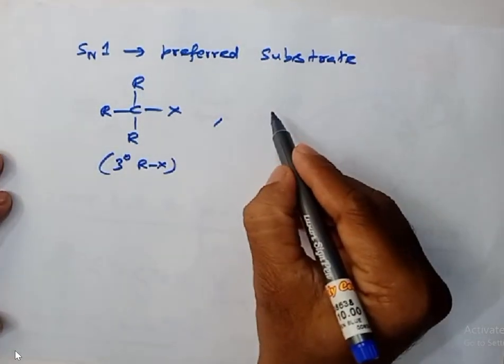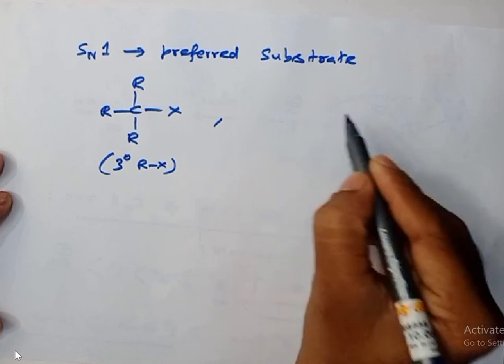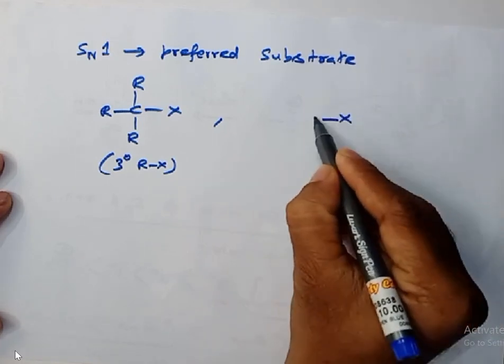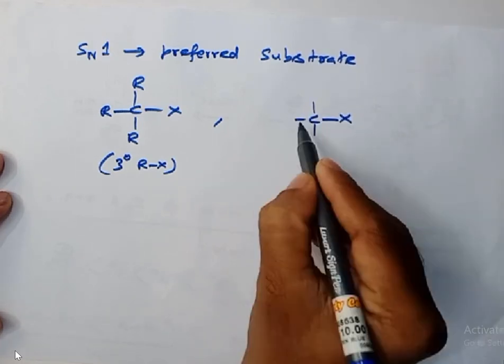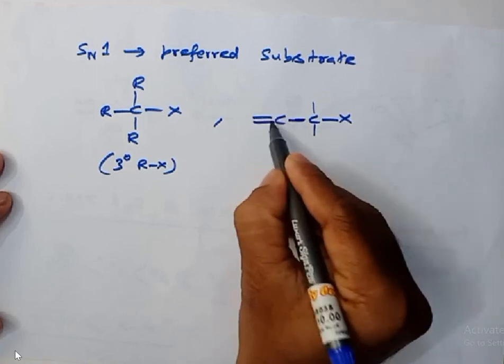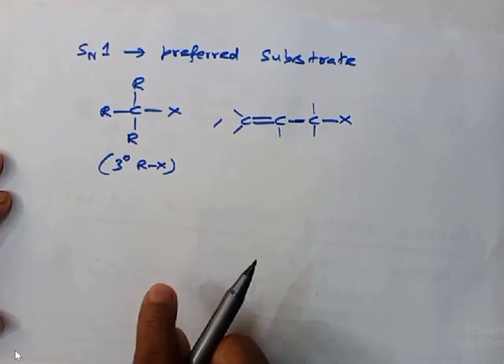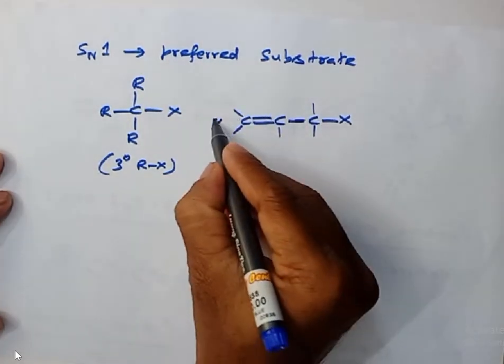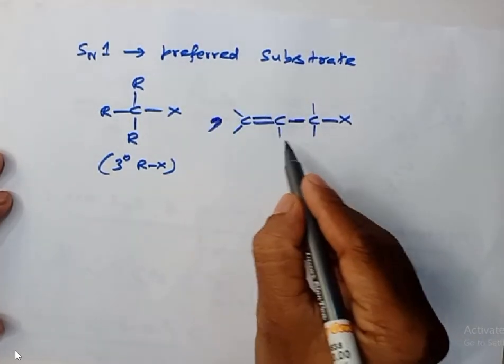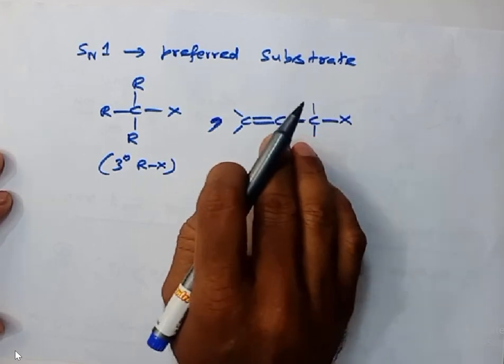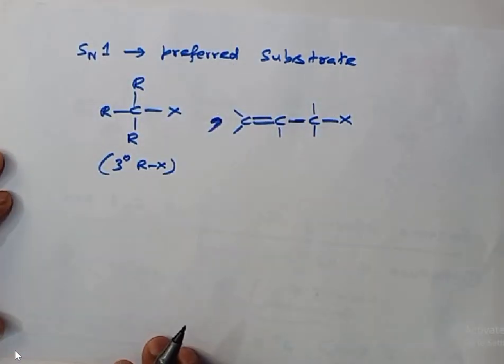Then allylic halides. What is an allylic halide? Halogen attached to an sp3 carbon. If this sp3 carbon is directly connected to a doubly bonded carbon, we call this allylic. Allylic halides are also preferred substrates for Sn1 reaction. Why?